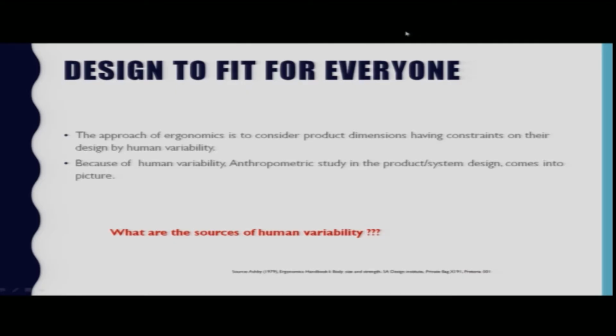Body size and proportion vary greatly between different populations, because a US citizen will be different from an Asian citizen in terms of height and all the other aspects. We have to take care of this human variability, and because of it, anthropometric study comes into the picture in product or system design. We need to learn what the sources of human variability are.